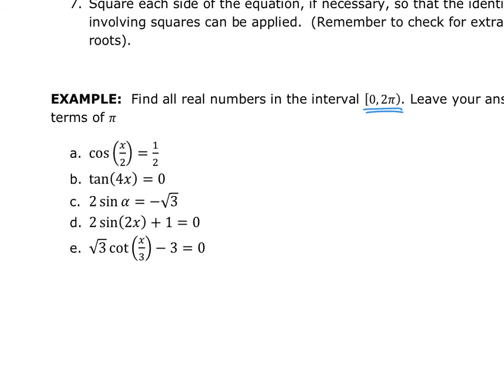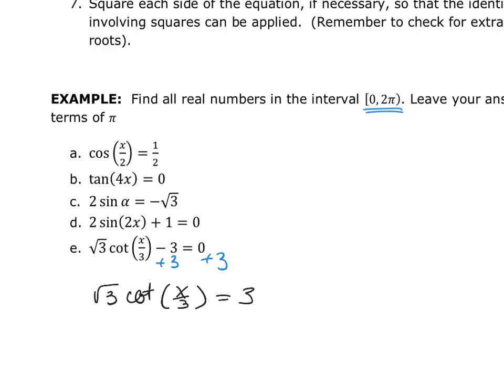So for this last one, the first thing I want to do is isolate my cotangent. So I'm going to move the square root of 3 over. Actually, I'm going to go one step first: I'm going to add 3 to both sides. So I have the square root of 3 cotangent of x over 3 is equal to 3.